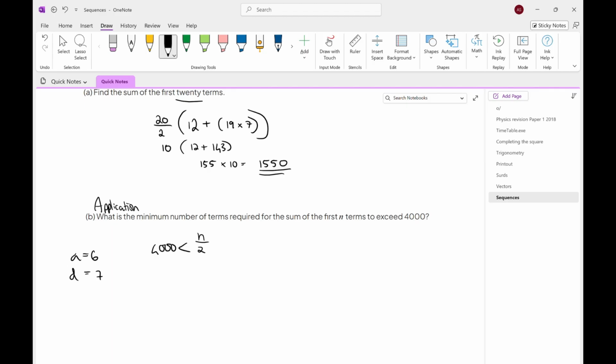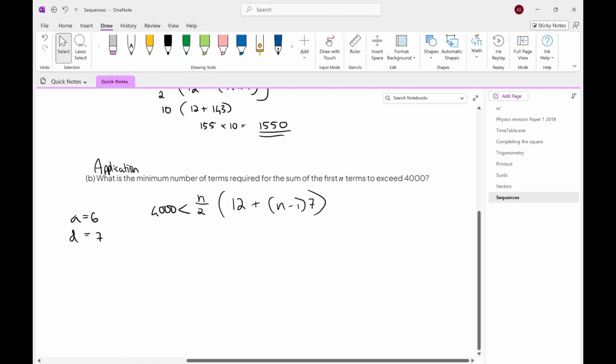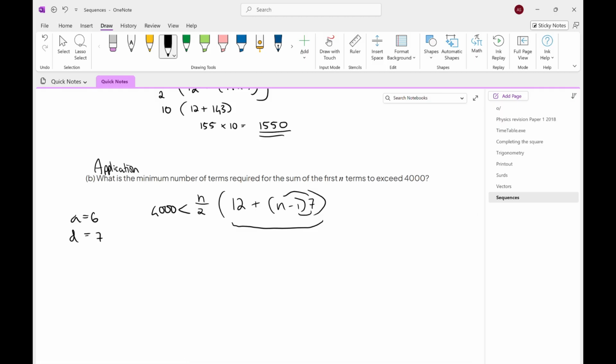So what have we got to do? 2a is 12, 2 times 6. Plus n minus 1, we don't know n, times 7. We can simplify this whole thing out. We can multiply out the brackets and we'll get 12 plus 7n minus 7, and so 7n plus 5, because we're doing 12 minus 7.